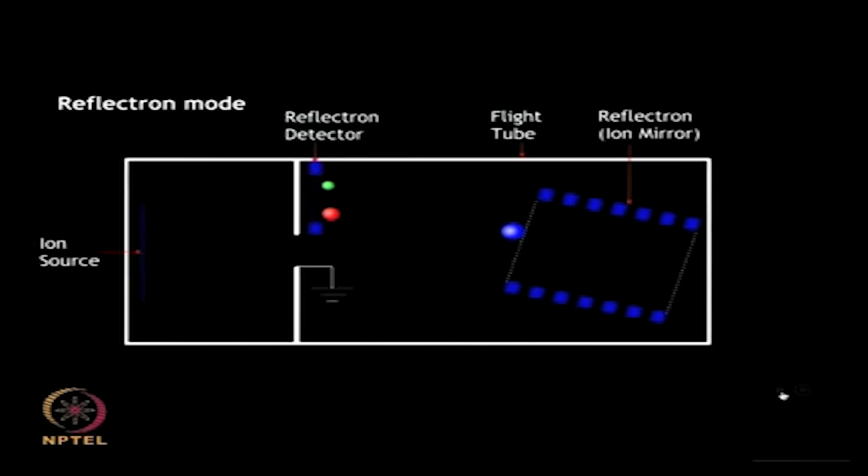So, rather than using very long time of flight tubes, by including the reflectron ion mirrors, we can increase the path length. This helps to even out any kinetic energy differences between the ions having the same mass and thereby improves the resolution.